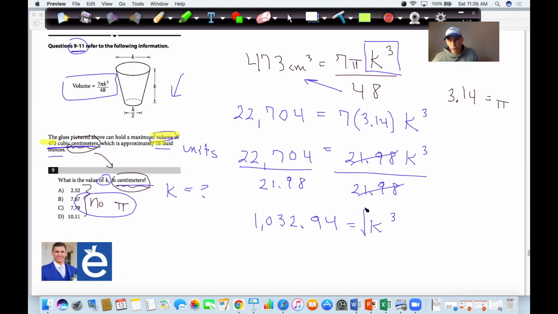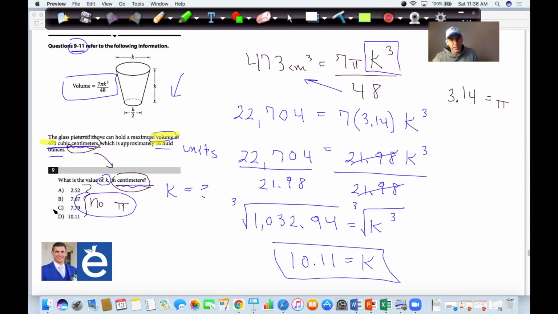I'm going to do the cube root of this, and I get, let's see here, cube root on the calculator, and yes, I end up getting 10.11. Now I round, equals k, and my answer is, yes, it's D, very clearly, okay?